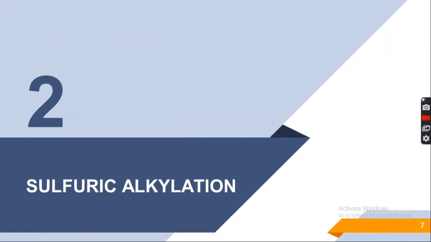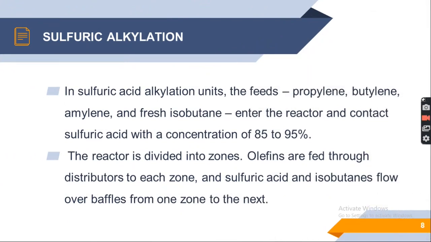So now we have the first type of alkylation, which is the sulfuric acid alkylation. In sulfuric acid alkylation units, the feed generally consists of propylene, butylene, amylene and fresh isobutane.